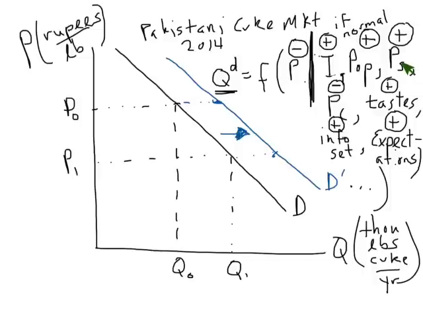If we've got an event that's going to cause fewer cucumbers to be demanded at any given price, then the curve's going to shift the opposite way. So this was an income rise. Let's do a different color. Let's make it orange just for something different.